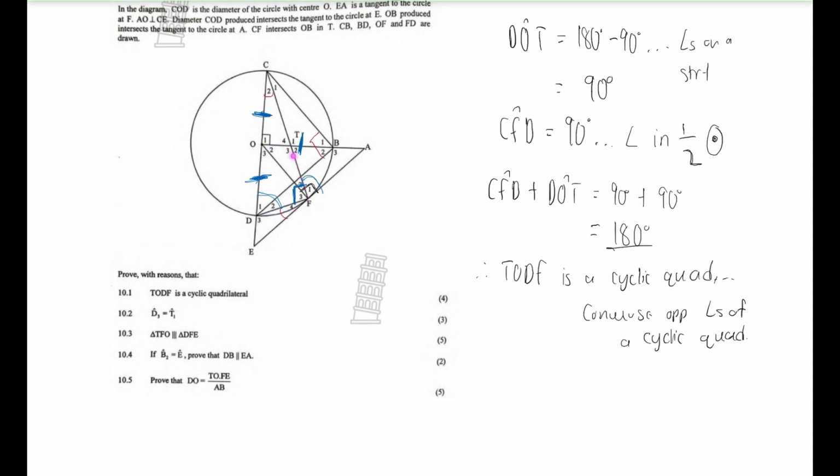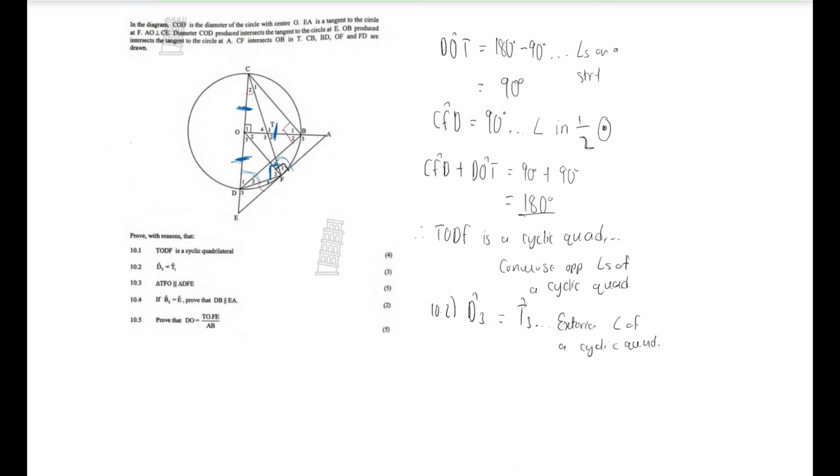So now for 10.2, you're going to say D3 equals T3. And what's the reason? Exterior angle of a cyclic quad, right?